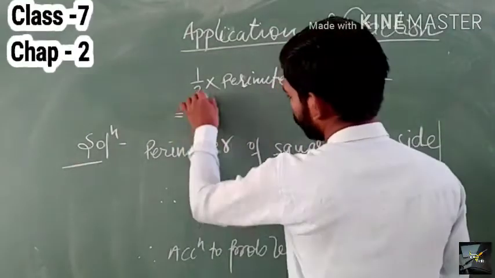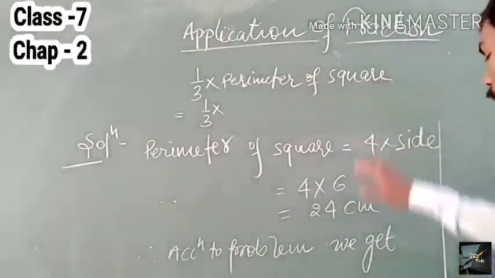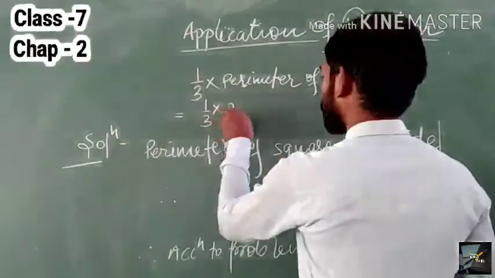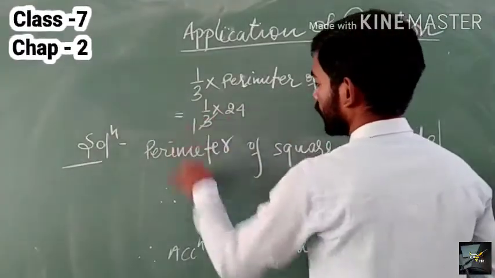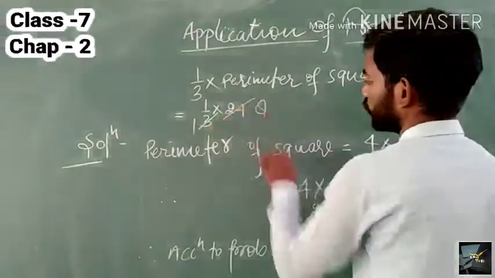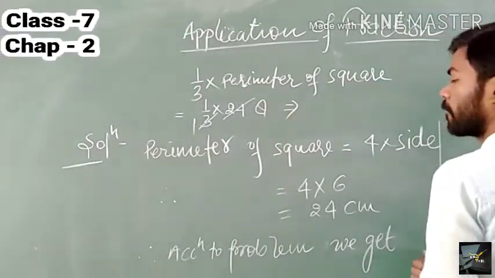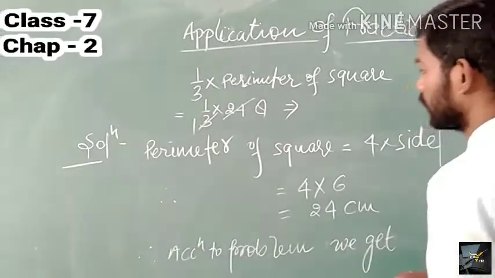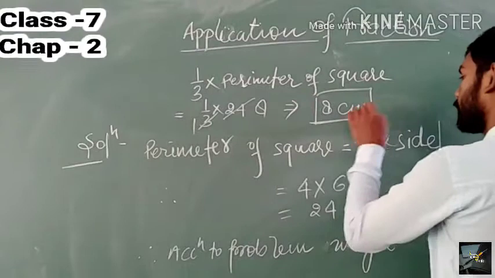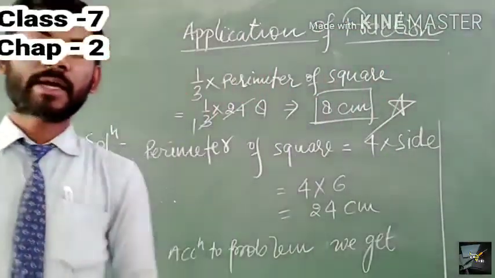So this will be equal to 1 by 3 multiplied by the perimeter of the square. Here we obtained 24 centimeter, so multiplying it by 24. Now solve it. 3 1s are 3 and 3 8s are 24. Therefore, the 1/3 length of the perimeter of the square is 8 centimeter. Therefore, 8 centimeter is the right answer.